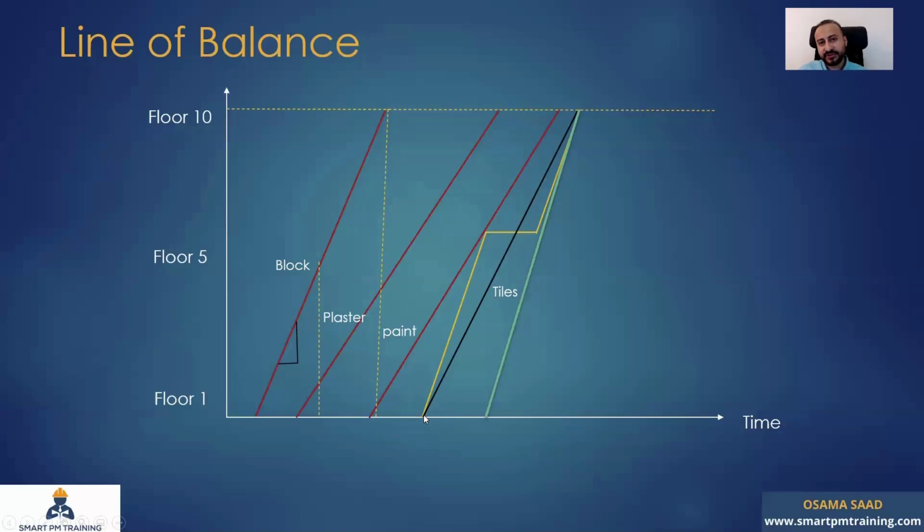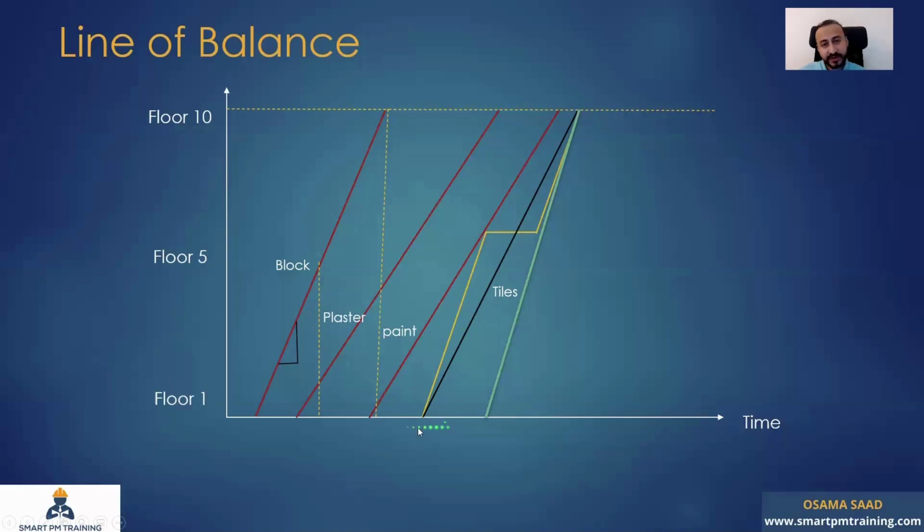But what is the execution rate right now? I want to look at the finish date of the paint activity, and maybe I want to finish 2 or 3 weeks after the paint is completed at the last floor. And with basic mathematics, if you have 2 points identified, you can draw a line between them.